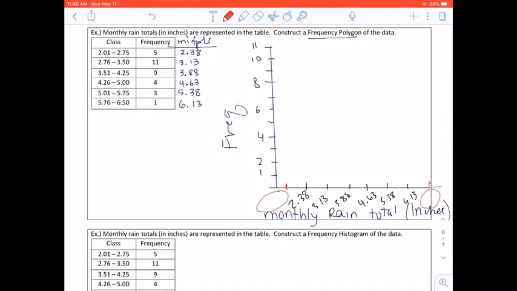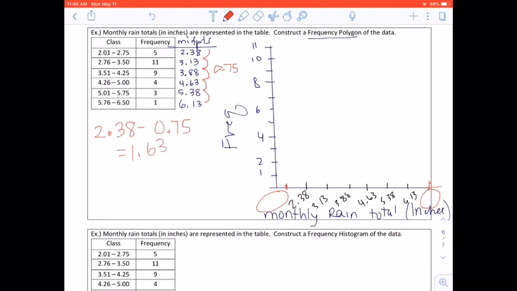We do not have numbers in right now, but to find those, I need to have a starting and an ending value. To do that, I need to figure out what it is that we are counting by to go from one to the next, to the next, to the next. And to do that, you can subtract them. Subtract one minus the one before it, and when you do, you get 0.75. And so to figure out the very beginning one that we're going to use, I'm going to take my midpoint, which is 2.38, which is my first class one, and I'm going to subtract 0.75, which works out to be 1.63.